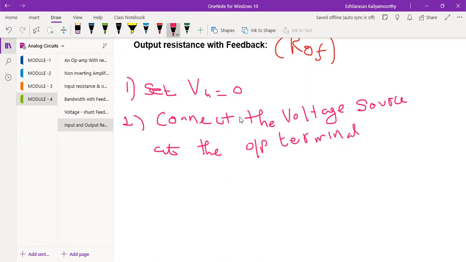With the help of this, we can find out the output resistance. So let us take the figure to find out the output resistance.